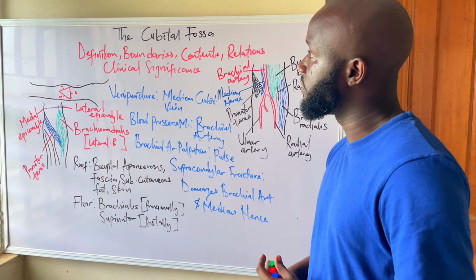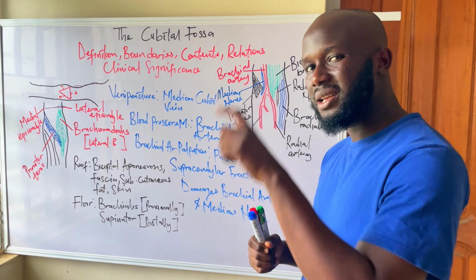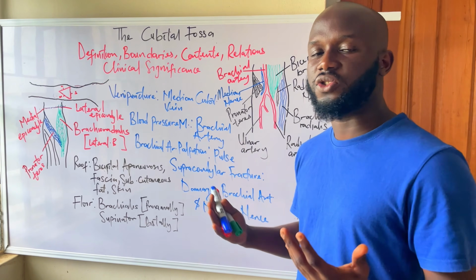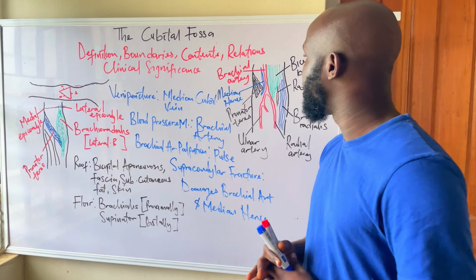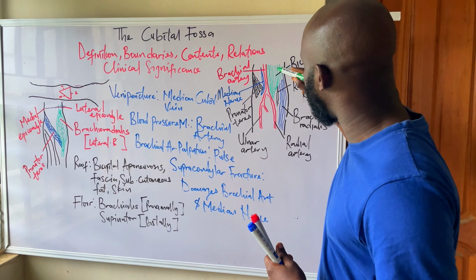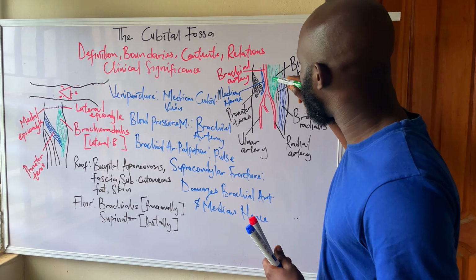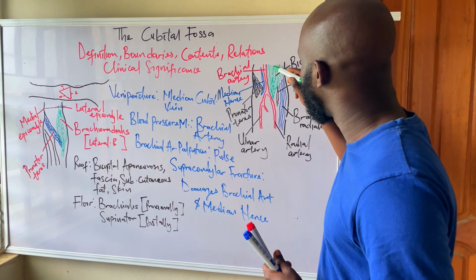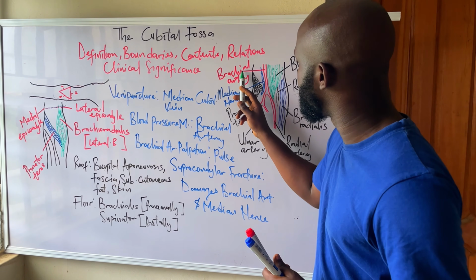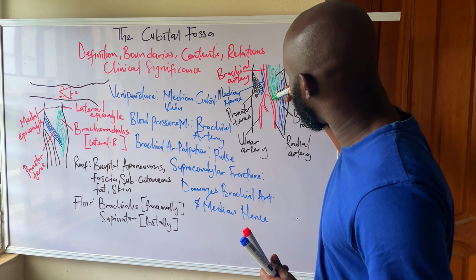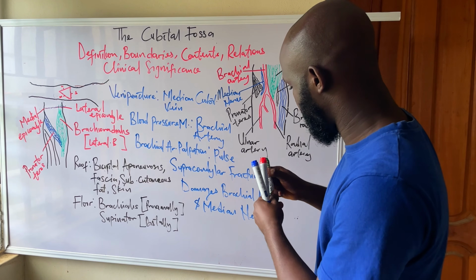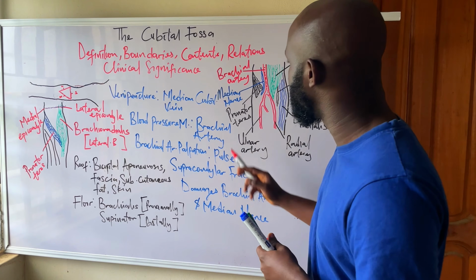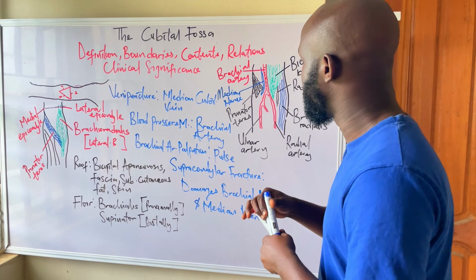Now, if you recall from the definition, we said that the cubital fossa serves as a passageway for structures to pass. Essentially, we have three main structures that pass through the cubital fossa, and they are the tendon of the biceps brachii. This is the biceps brachii. It is a tendon, and a tendon connects muscles to bones. Then the brachial artery, labeled red, and the median nerve.